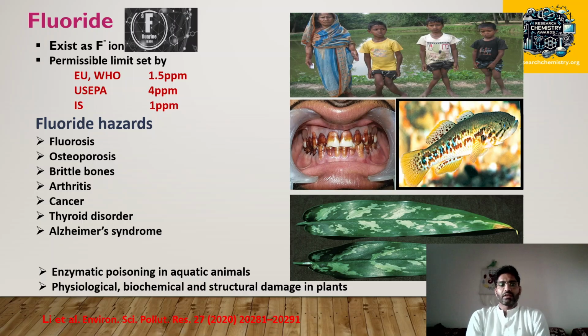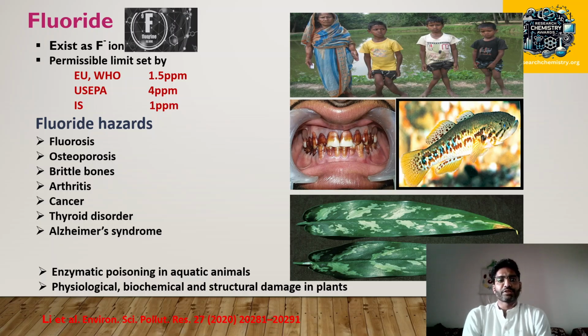Fluoride, as we all know, has atomic number 9 in the periodic table, and it exists in nature in the form of fluoride minus ion. It has certain permissible limits set by different agencies.